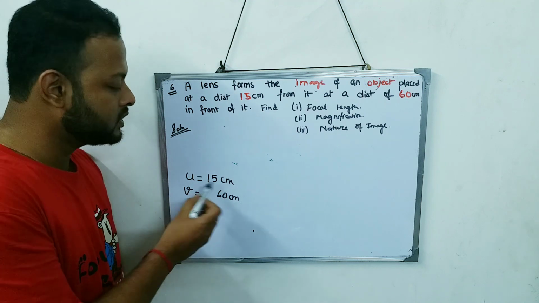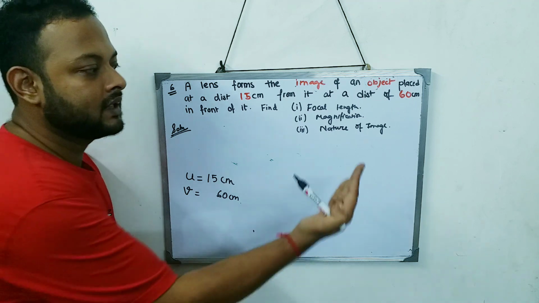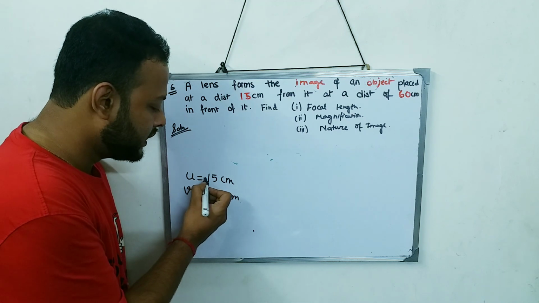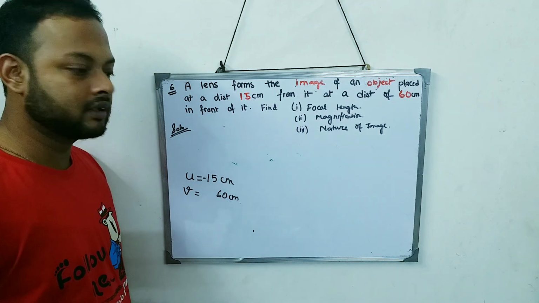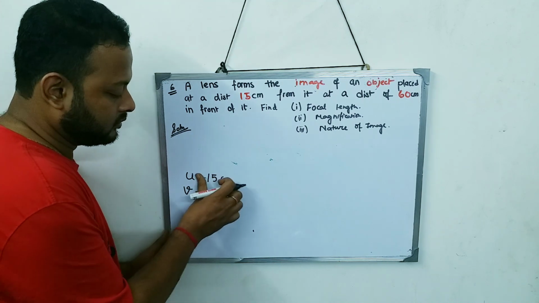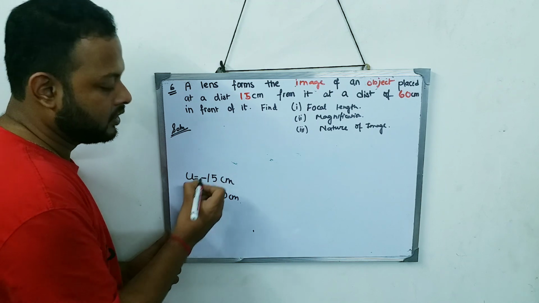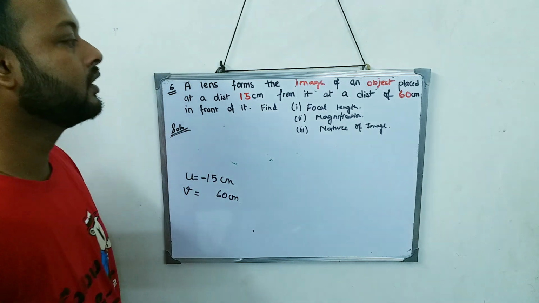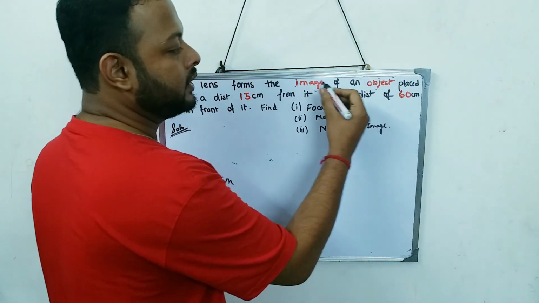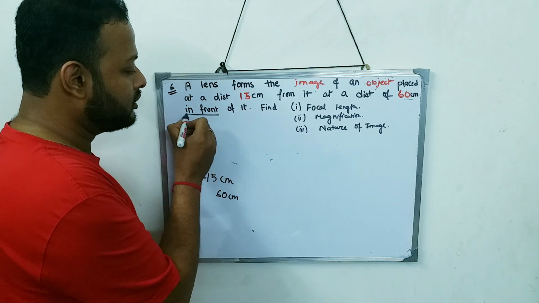Now we know U is 15. As we always mention, the object is towards the left hand side of the lens, and this distance is always negative. So object distance is always negative. Now see, the image distance is 60 centimeter, formed in front of it.